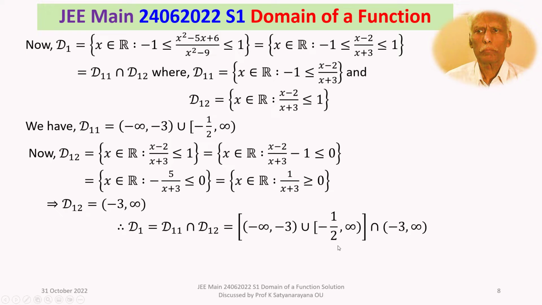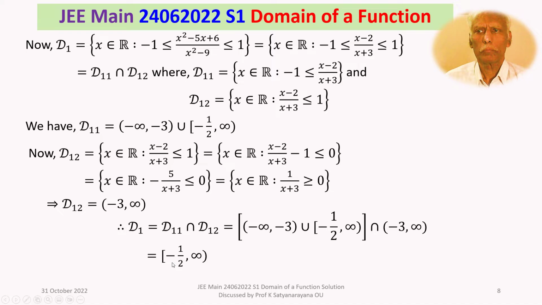And you observe that minus half to infinity and minus 3 to infinity: minus 3 to infinity is the bigger one, so minus half to infinity is contained in this. Therefore, the intersection is minus half to infinity.